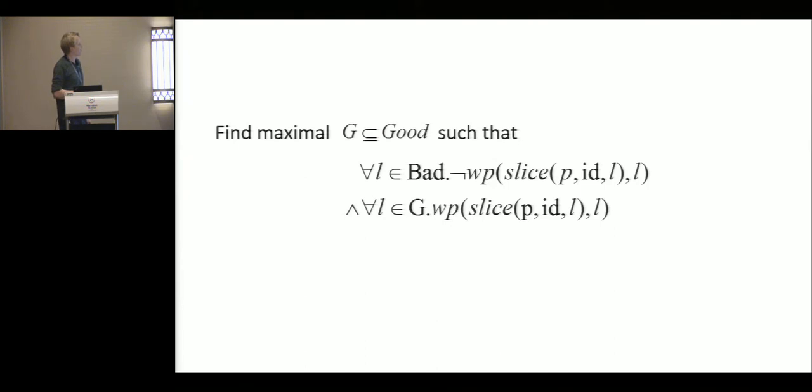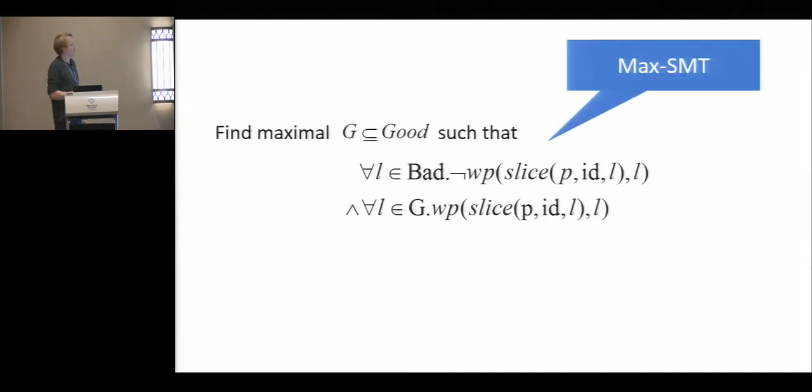As I said before, we cannot find a solution to all good constraints that we infer in that way. So we formulate the problem like this. We want to find a maximal subset of the good locations such that we're still safe, so we avoid all system failures, and we reach this maximal subset of the good locations.